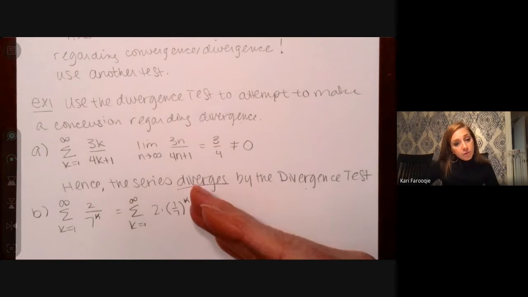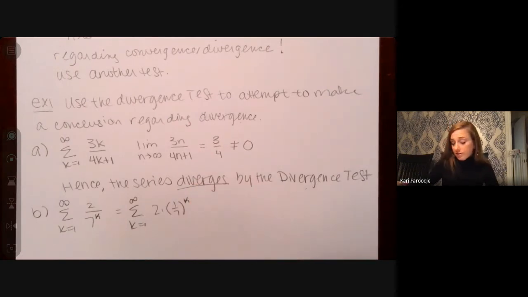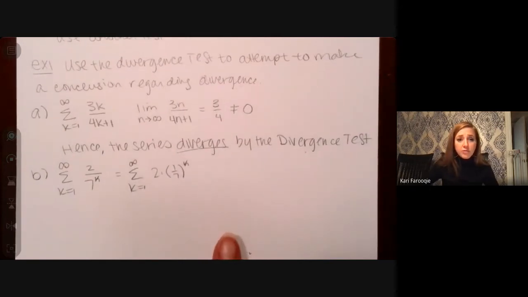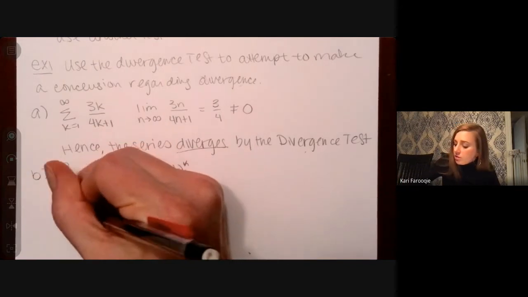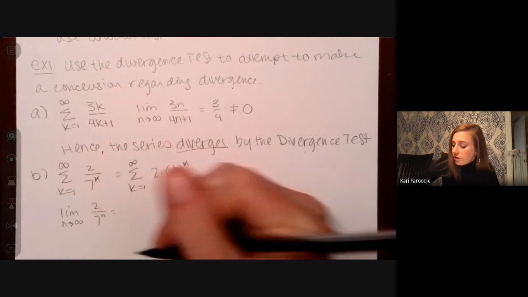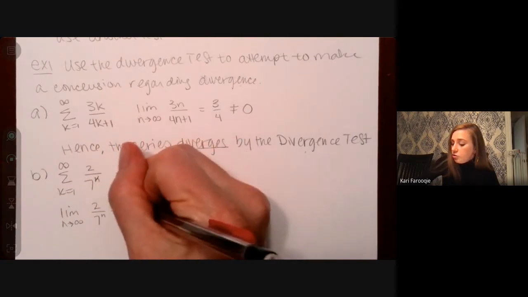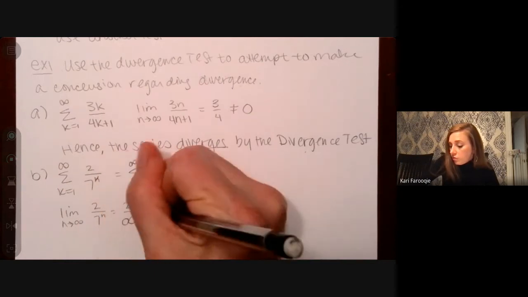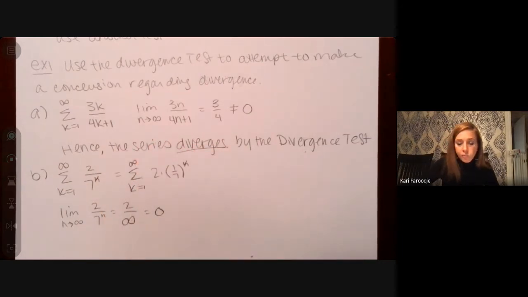Anyway, either way, we can tell by looking at this that this is going to be a convergent geometric series. But if I was to try to use the divergence test to make a conclusion regarding divergence, I would take the limit as n approaches infinity of 2 over 7 to the n. And this would just be 2 over 7 to the infinity, which would be 0.